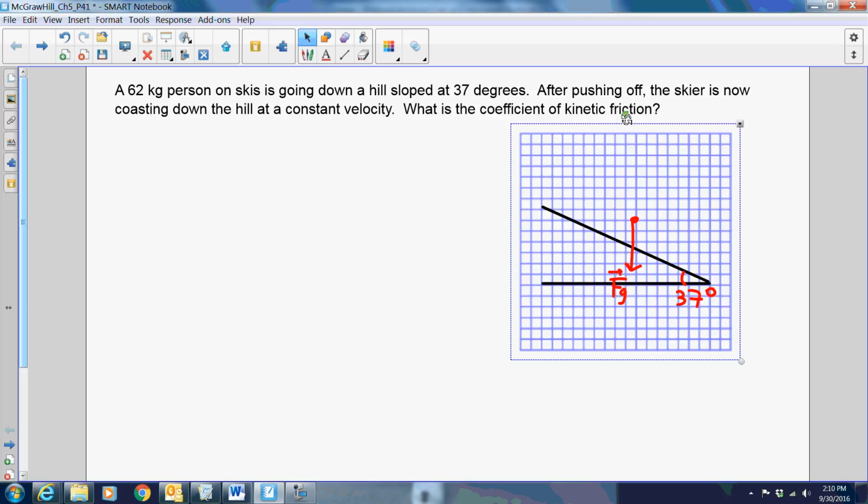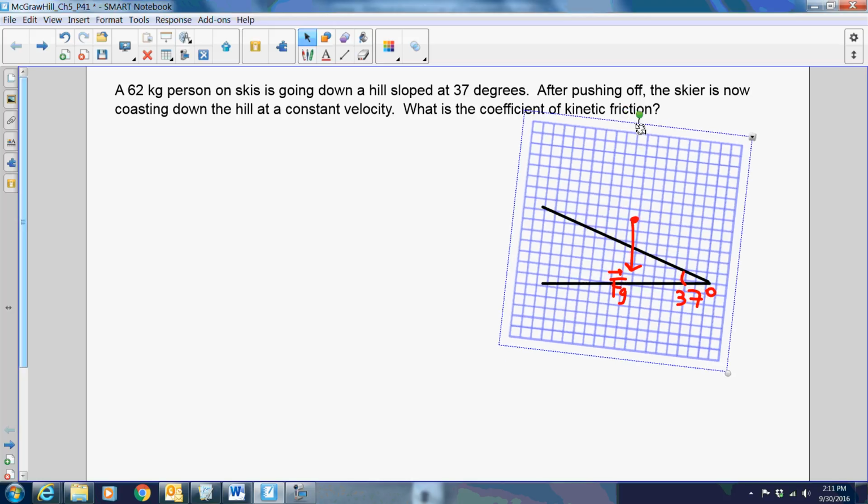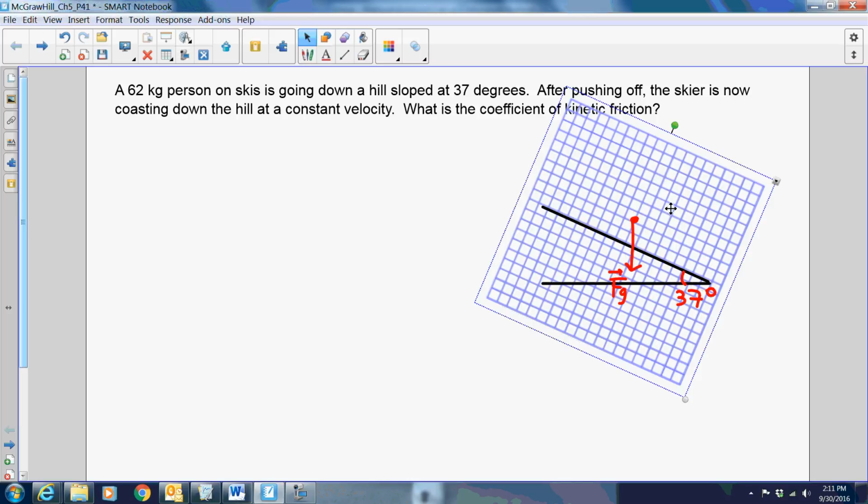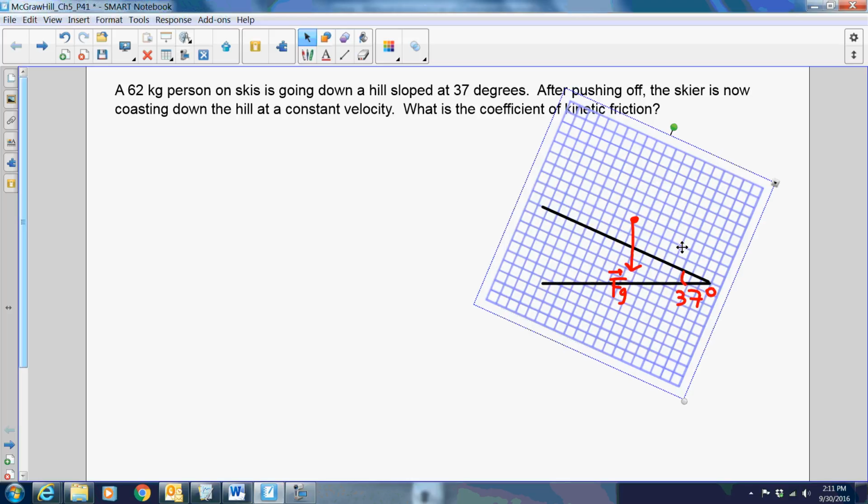So what I'm going to do is rotate my XY axis here so that it's parallel to the hill. That makes it so two of the three forces are along the XY axis. You don't have to do it that way, but that's the way to make the math easier.